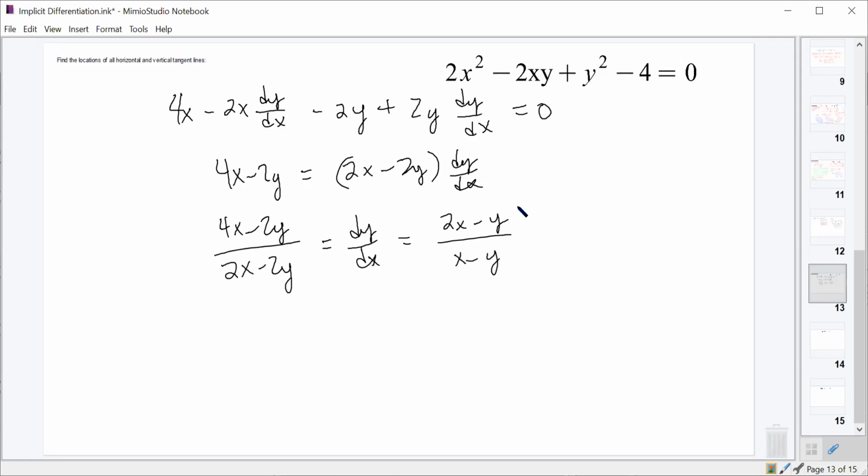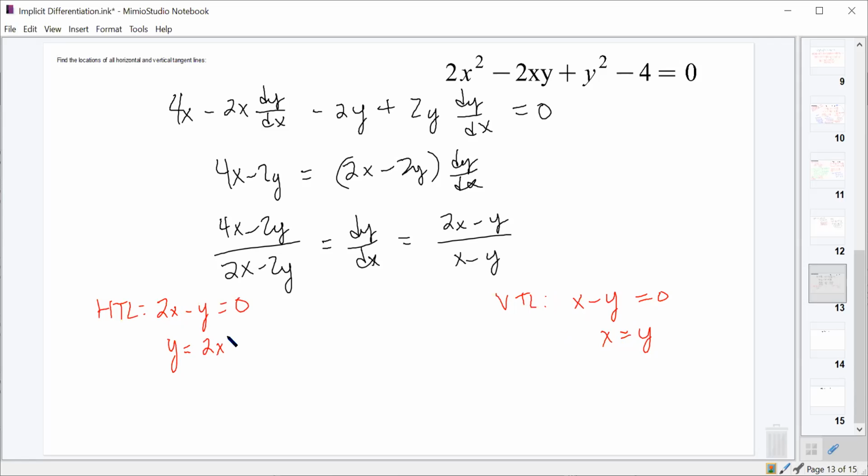So that's going to complicate things a bit, huh? Our horizontal tangent lines will come from 2x minus y equals 0, and our vertical tangent lines will come from x minus y equals 0. So this one just tells me that x is equal to y, and this one tells me that y is equal to 2x.